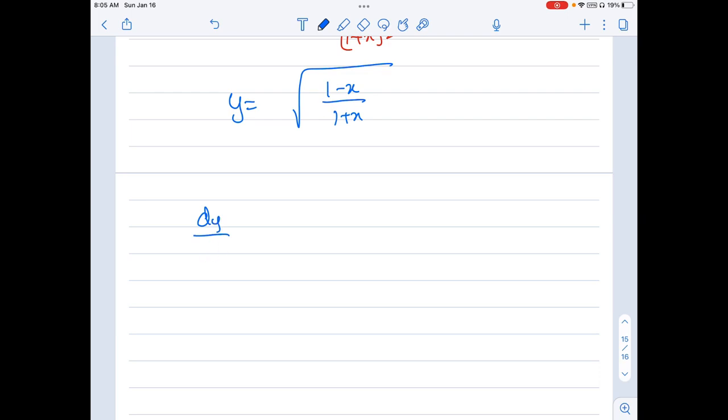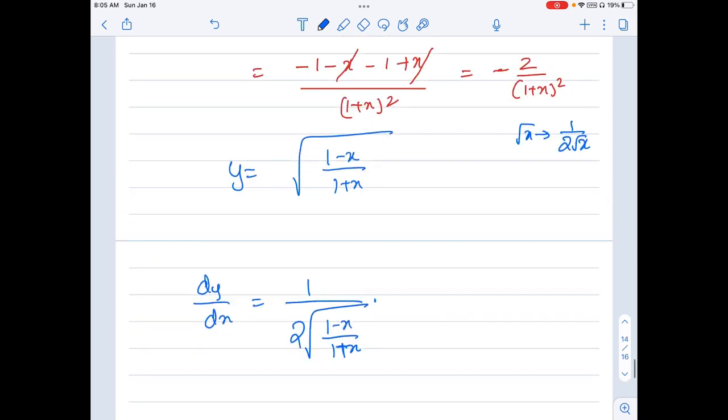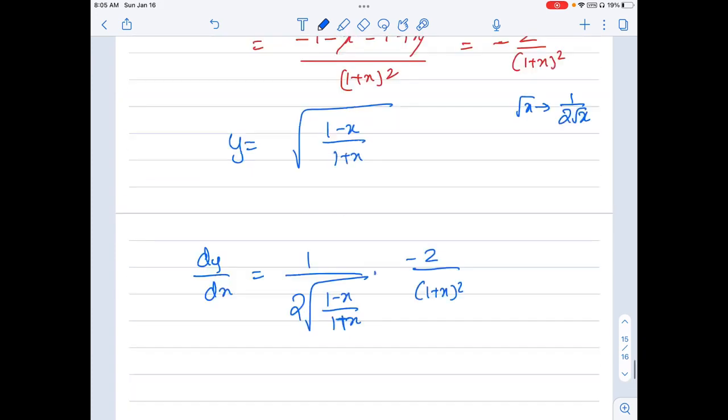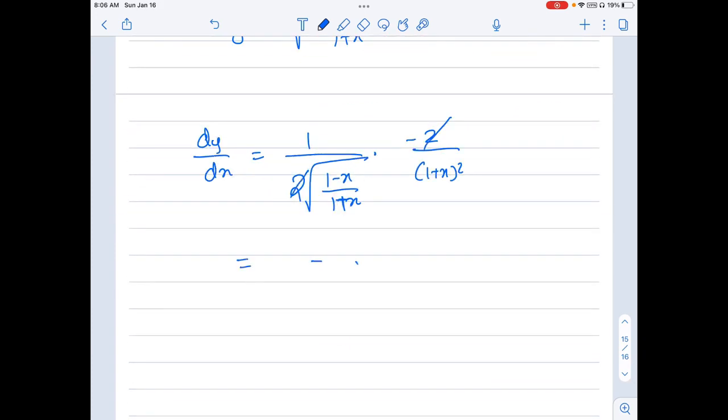Dy by dx is equal to 1 by 2 root of 1 minus x by 1 plus x, because remember square root of x derivative is 1 upon 2 root x. That is the easiest method to remember. So this is 1 upon 2 root of 1 minus x upon 1 plus x times derivative of this fraction. Derivative of this fraction just now we have done as minus 2 upon 1 plus x whole square. So you can see that 2 gets cancelled, negative. Root of 1 plus x goes to the numerator, root 1 minus x and 1 plus x whole square.